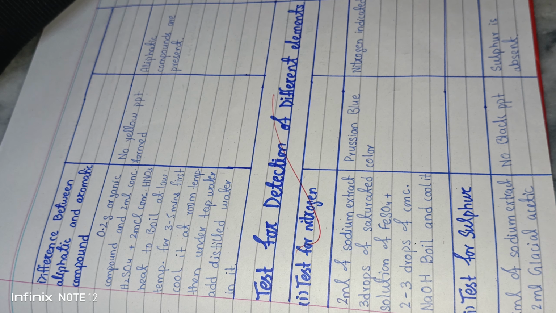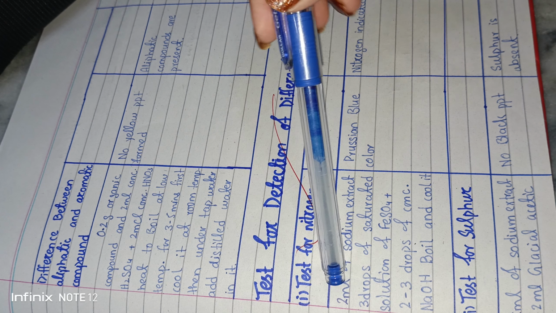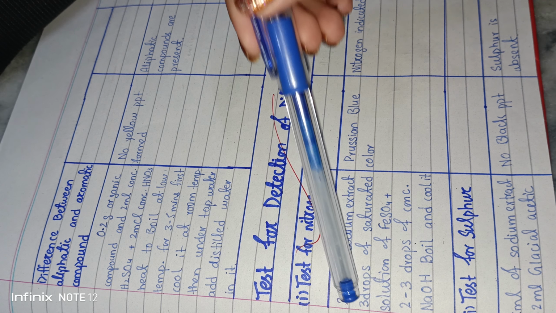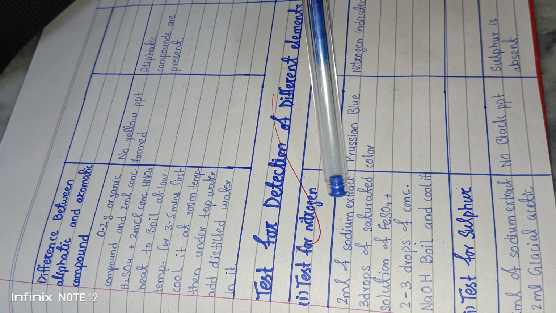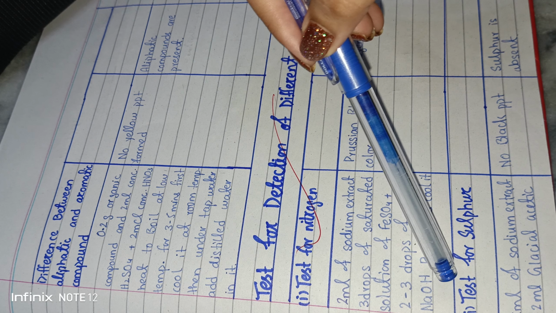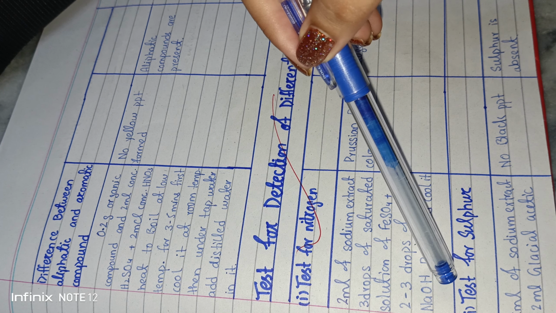For the detection of different elements, you have seen that we perform some tests for nitrogen, sulfur and halogen atoms. Whenever you are detecting an element, you have to take 2 ml of sodium extract. So you take 2 ml of sodium extract, 3 drops of FeSO4 solution, and then you also add 2 to 3 drops of NaOH.